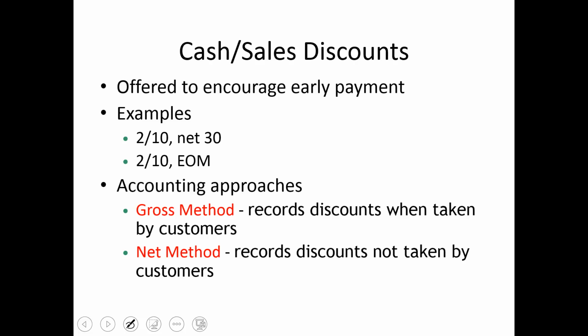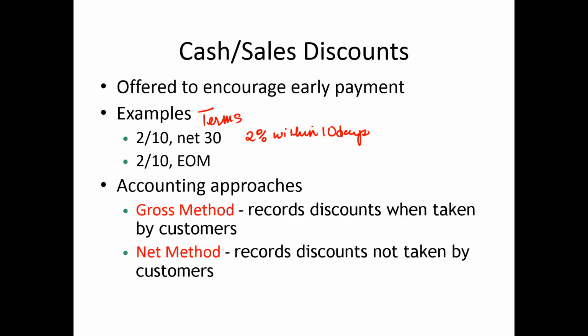Now, we're going to go through each type, and the first type is the cash or the sales discount, and those are offered to customers to entice them to pay you early. Examples of the terms would be things like 2/10, n/30, which means if you pay within 10 days of the invoice, you get a 2% discount.